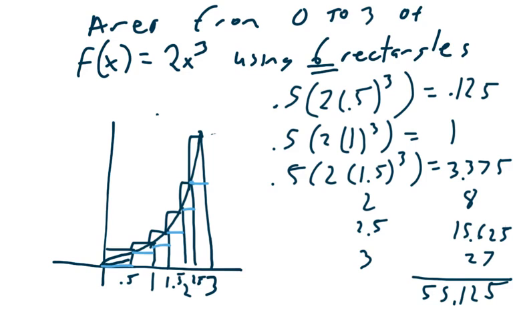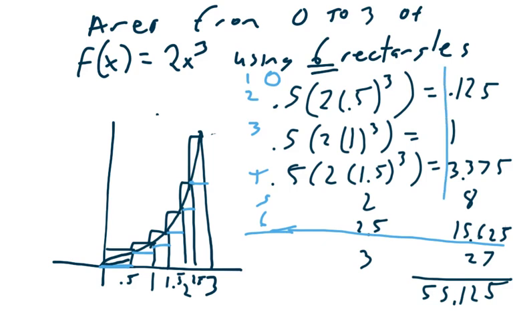These 5 rectangles are the same ones that I used before, except now they're rectangle 2, rectangle 3, rectangle 4, rectangle 5, and rectangle 6. But my first rectangle is at the very bottom here, so my first rectangle has an area of 0.